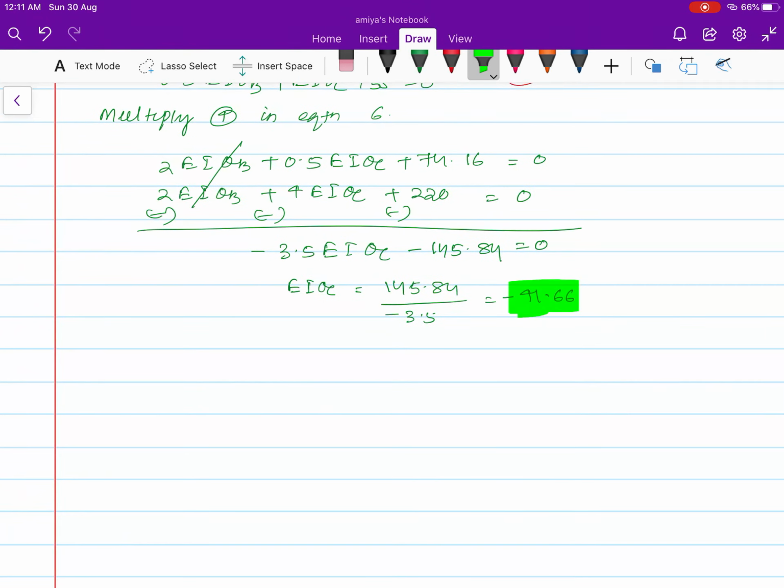Now we have to find the value of EI theta B. So 2 EI theta B plus 0.5 into minus 41.66 plus 74.16 is equal to 0.